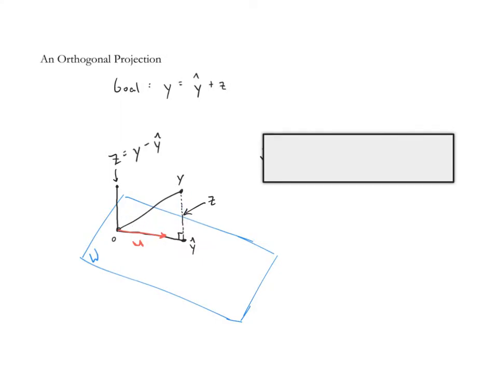You may have seen this topic previously if you took Calc 3. I'm pretty sure it was called orthogonal projection. If you shine, let me use yellow because I'm talking about a light, if you shine a light down at the vector y, its shadow falls down on that plane, right?